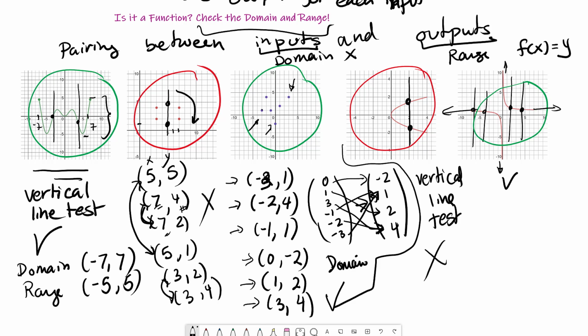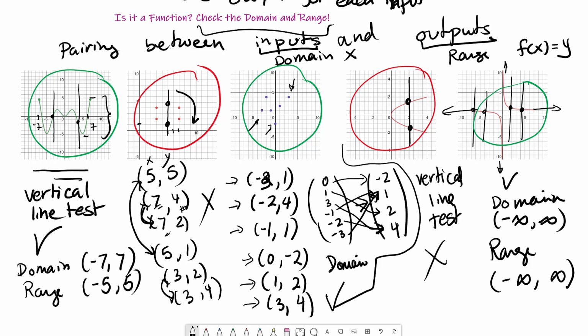So we can say that our domain is from minus infinity to infinity, and our range is also from minus infinity to infinity. However, it looks like we might have something going on at 0 here, where it goes to minus infinity and plus infinity. We have a hole, but we will discuss this in future, in more advanced videos.